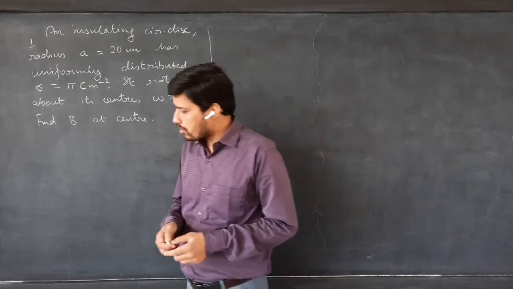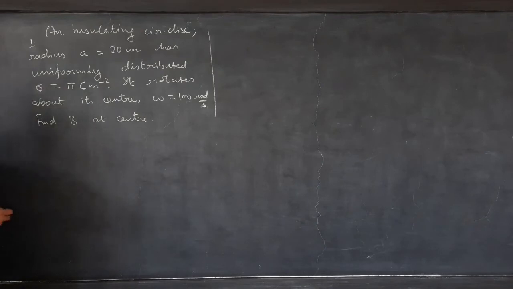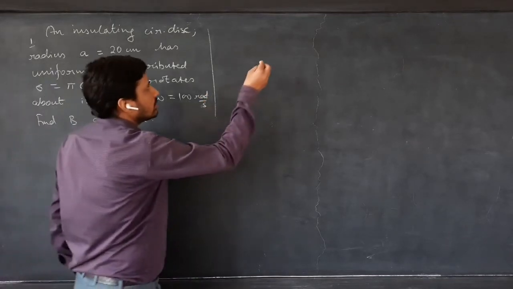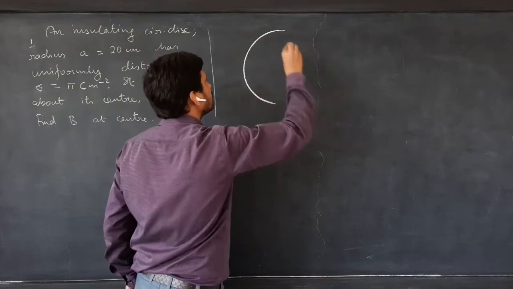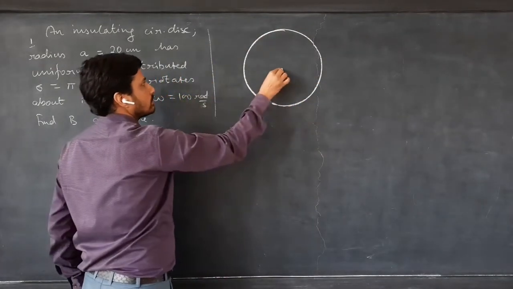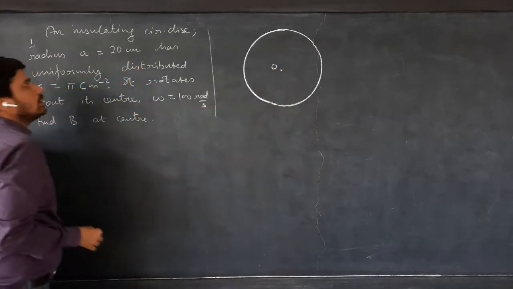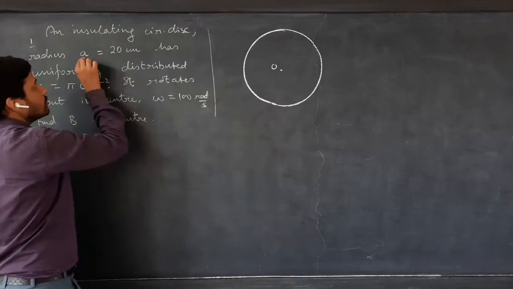The first question you can see on the board, students. An insulating circular disc, radius A is equal to 20 centimeter. So let me draw the disc. This is an insulator. It has a certain radius. That radius is A. A is 20 centimeter.